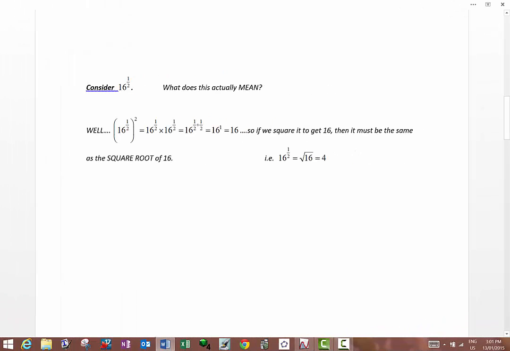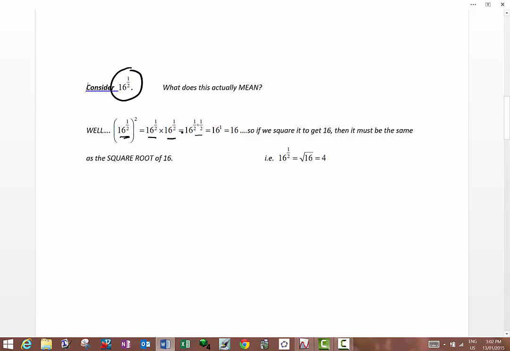So, what do fractional exponents actually mean? Let's look at this first one here, 16 to the power a half. What does that mean? We're going to approach it a slightly different way and consider 16 to the power a half, squared. Squared means multiplied by itself, so 16 to the half times 16 to the half. When we multiply numbers with the same base, we just add the exponents.